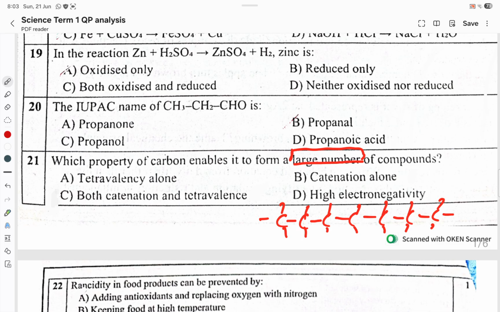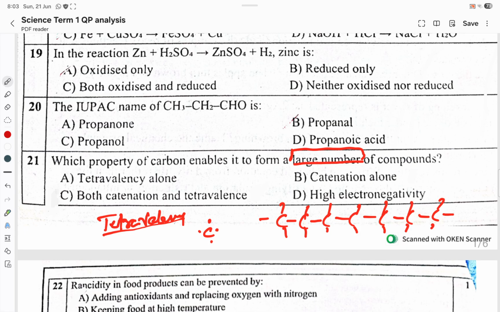What makes carbon so special? The first thing is tetravalency. Carbon has 4 valence electrons around it, which means it forms 4 bonds. Every carbon atom forms 4 bonds with 4 different types of atoms.